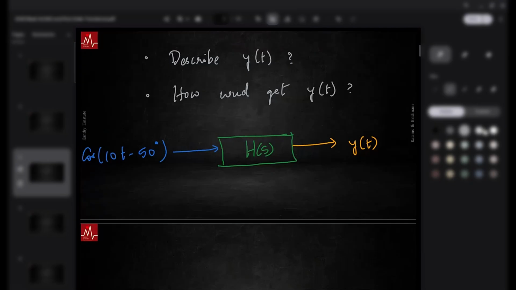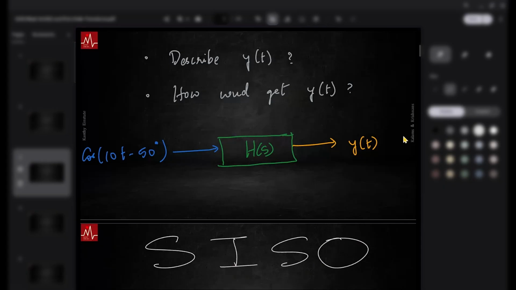So this is where we have the first word, C. This stands for sinusoidal input.